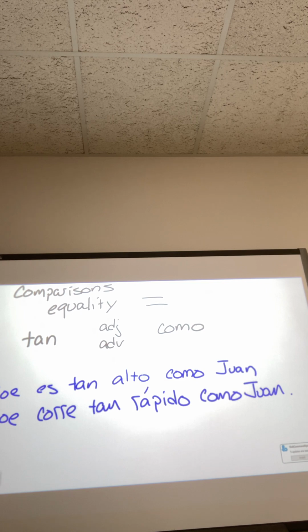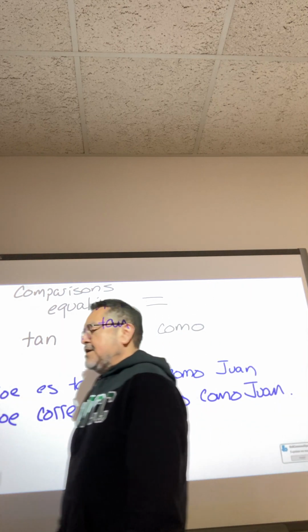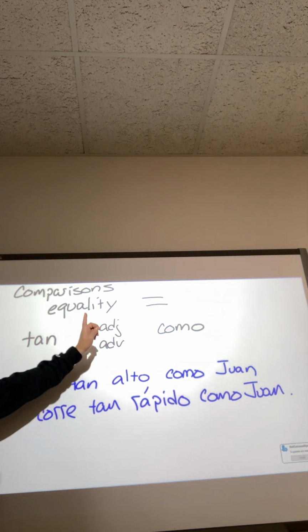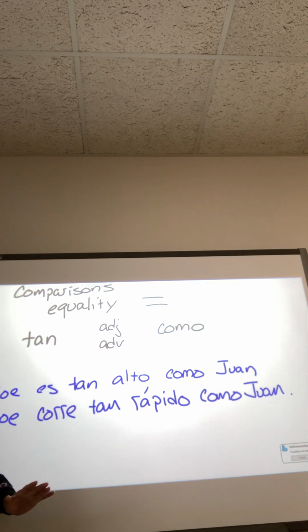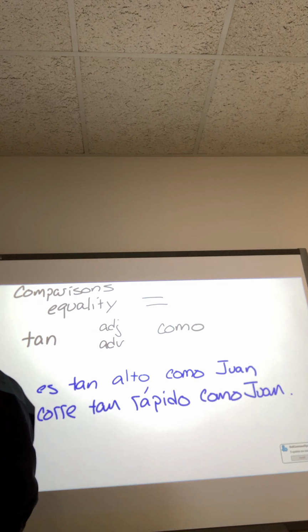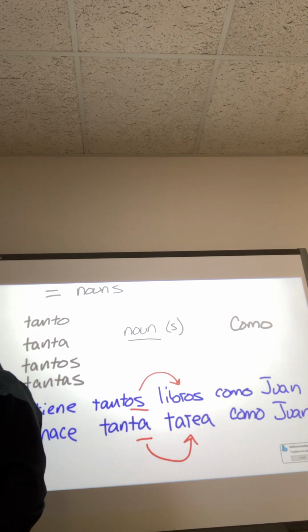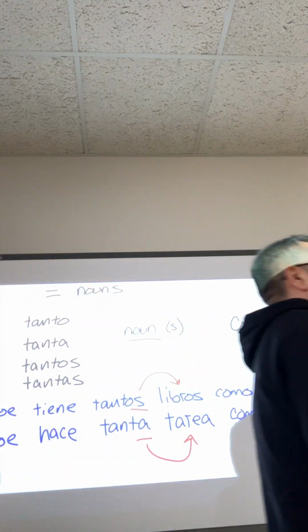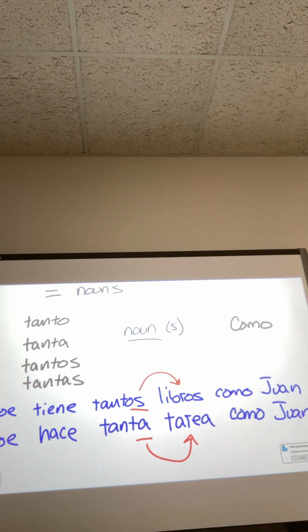So in this case, tan and then como, kind of the same structure, but for this, unlike before, we only use it for adjectives and adverbs. When it comes to nouns, remember, because nouns can either be masculine or feminine, singular or plural, we have to use the correct form.